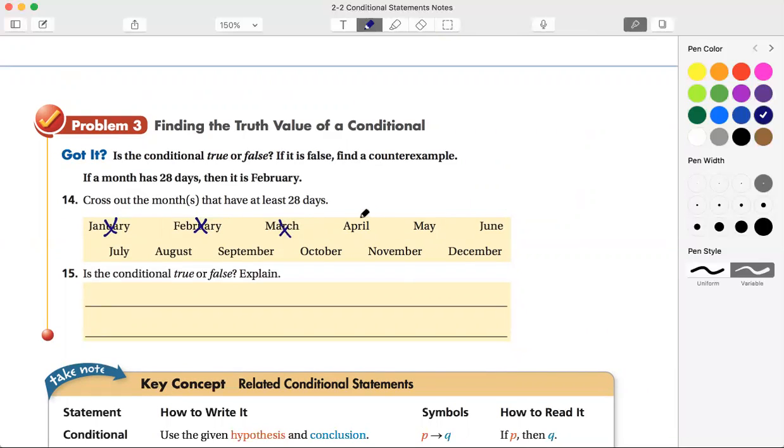March has 30, April 30, 31, 30, 31, 30, 31, 31, 30, 31, 30, 31. So is this true or false? Well, this is false. Every month has at least 28 days.